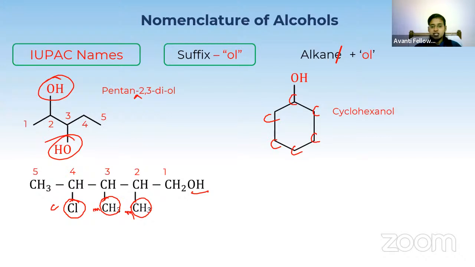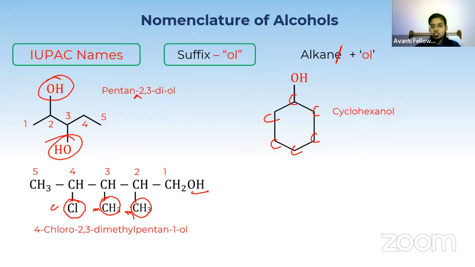Which comes first in the alphabet? C, right? Very good. It is 4-chloro-2,3-dimethylpentan-1-ol. You should not leave any gap between the names. It is a single name, so please don't leave any gap.